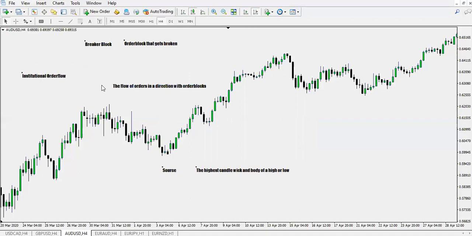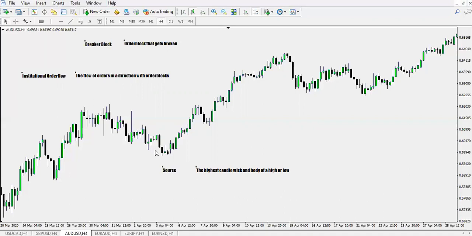And then we have our institutional order flow, and that is the flow of orders in a direction using the order blocks. Okay, so those are the three elements I want to show you. So let me just show you how to mark up the source, because that one can be a little bit more difficult than finding the breaker and following the institutional order flow.